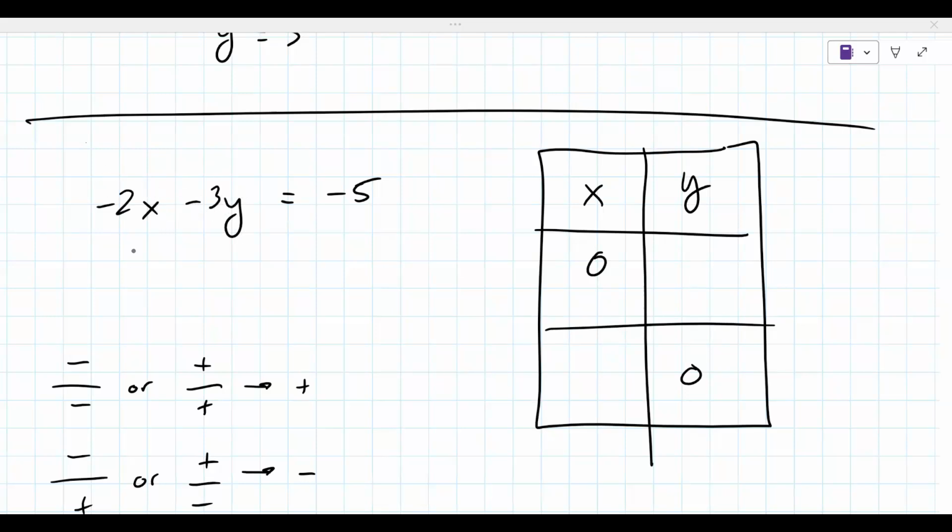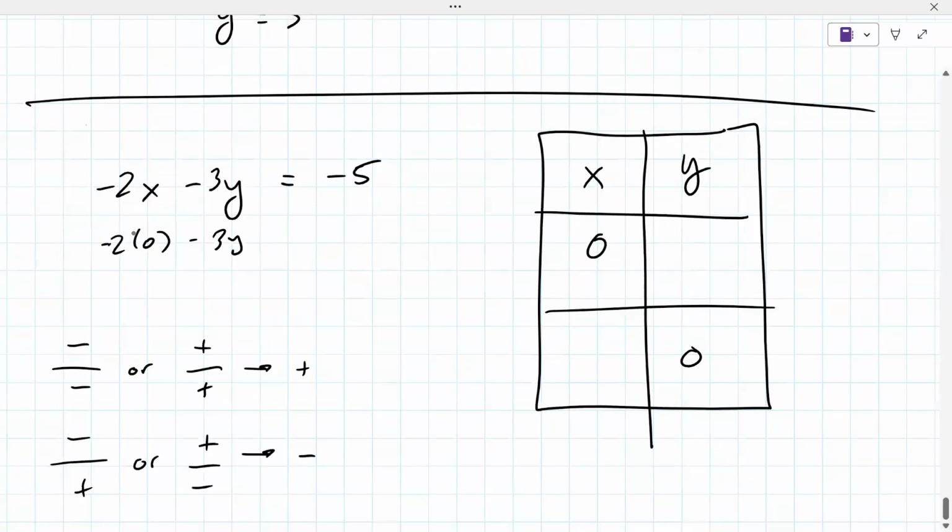Okay, so let's do it together. -2 times 0 minus 3y equals -5. That's 0. 0 minus 3y is -3y equals -5. You divide both sides by -3. That's why I gave you the chart here. Two negatives make a positive.